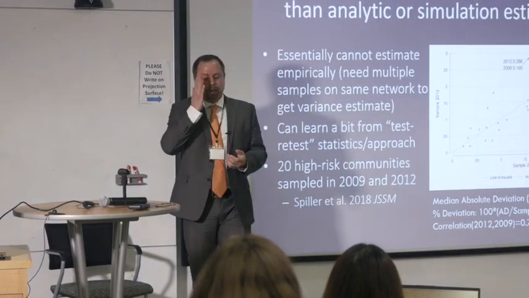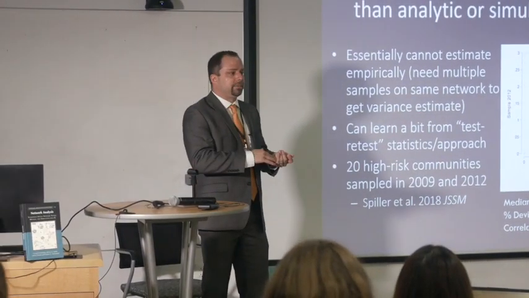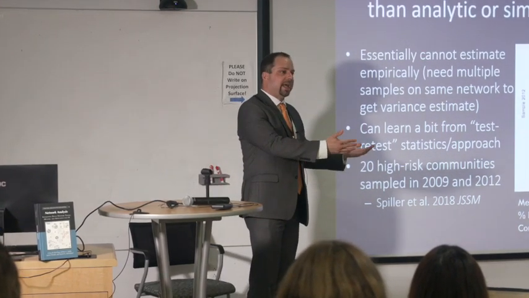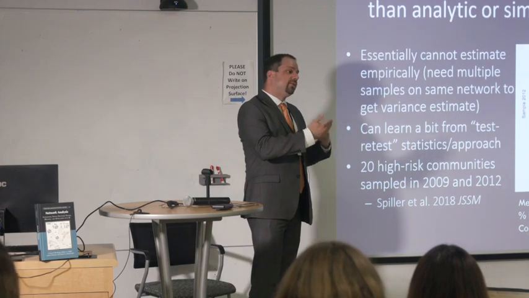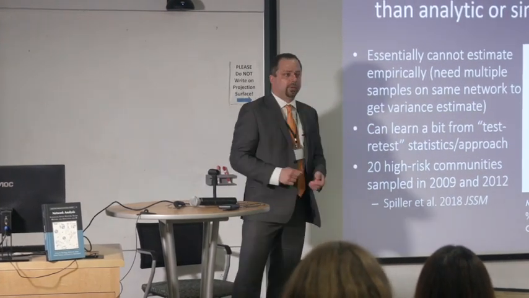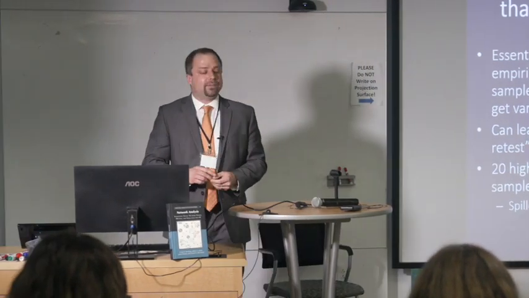There are repeat RDS surveys conducted every year in the same population, say people who inject drugs in Seattle, and they're finding relative stability in those numbers that would not be expected from the statistical results. It's not entirely clear why there's such stability. I think in some ways, the coupons end up being distributed more randomly than we think they are.